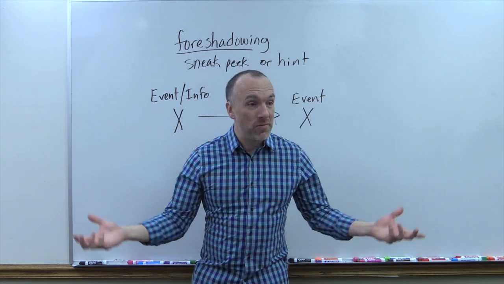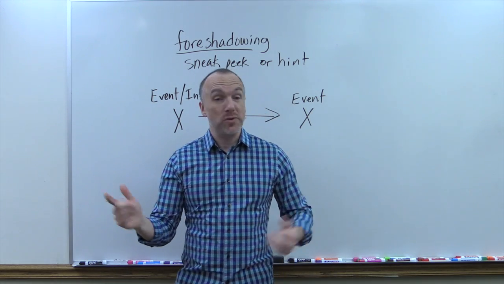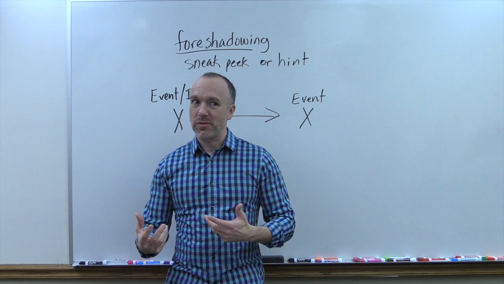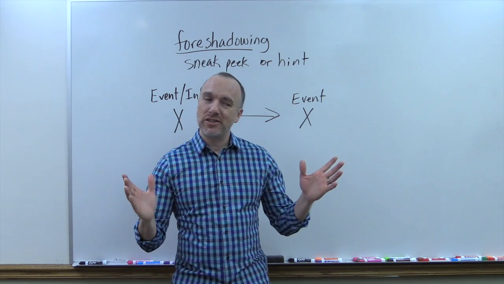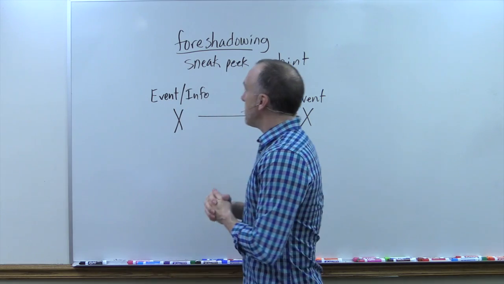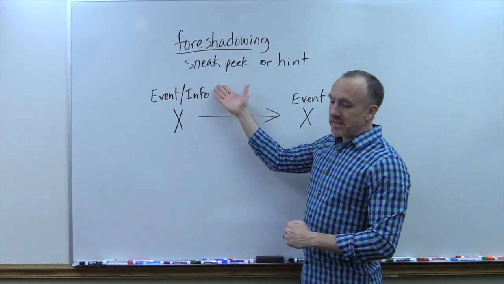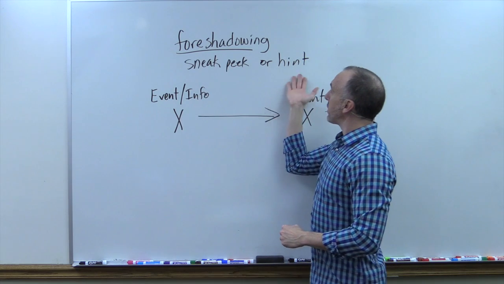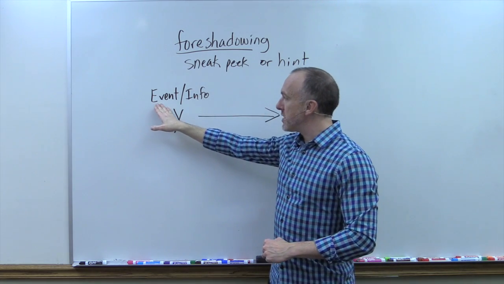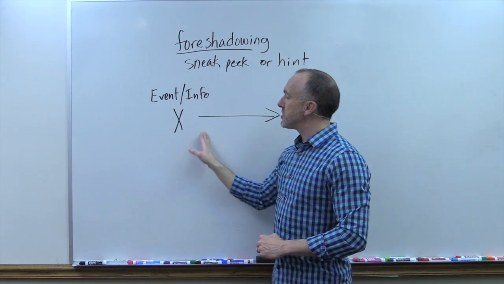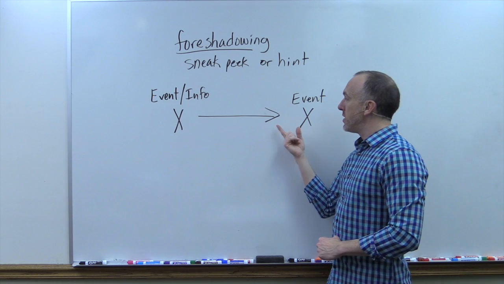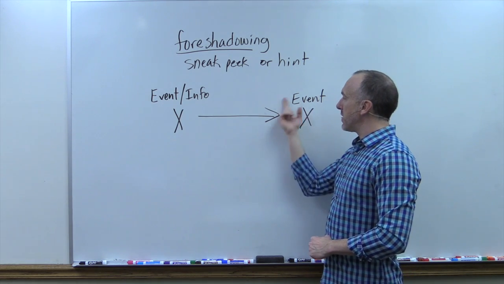Sometimes it's obvious. It depends on what the author's doing. Sometimes the title will even foreshadow something or give you a clue about that. It just depends. We'll see if that is the case with this story when we get to the end. So, foreshadowing is simply that sneak peek or hint about a particular event. The author will either create an event or give information at this point in the story that will foreshadow this event somewhere later on.